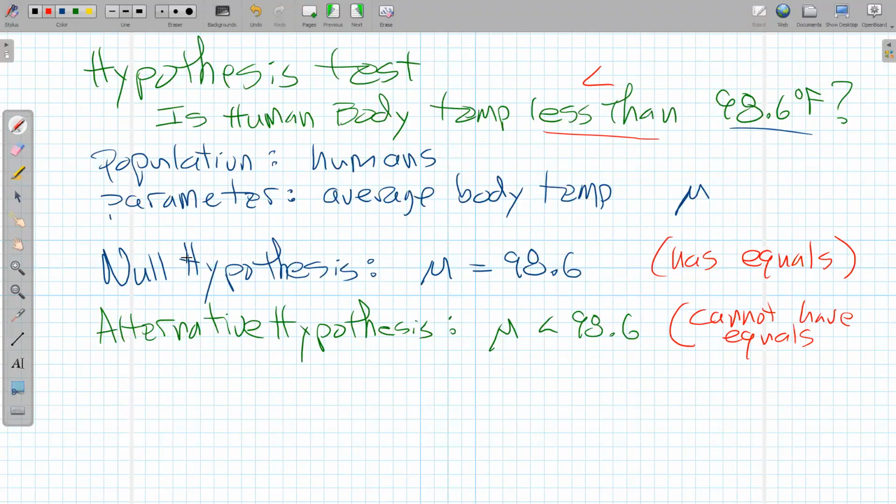The options for a possible null hypothesis: it could have an equals, it could have a less than or equal to, or it could have a greater than or equal to. The null hypothesis is going to be one of those three things. The alternative hypothesis could be a not equal. Otherwise, it's going to be a less than or a greater than.